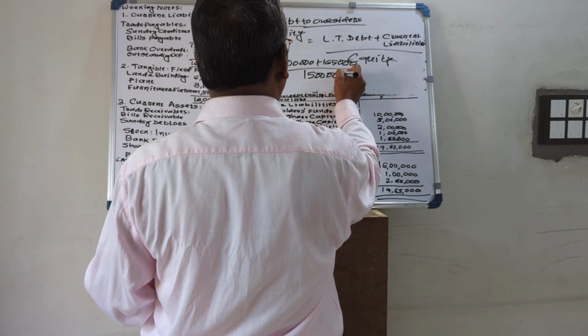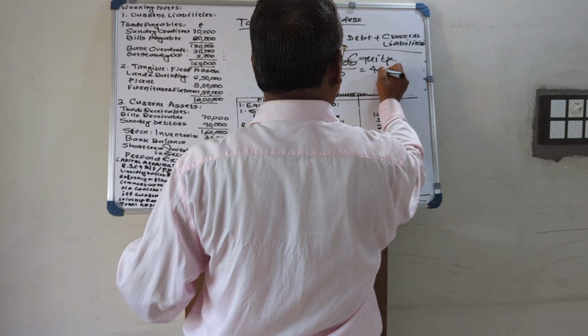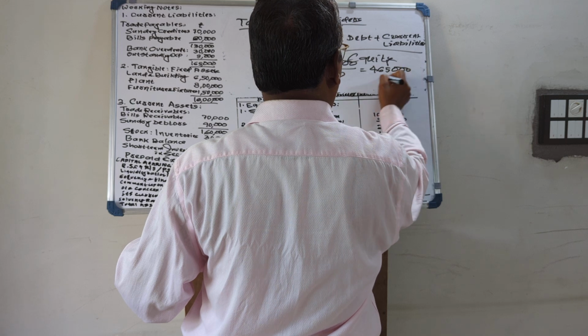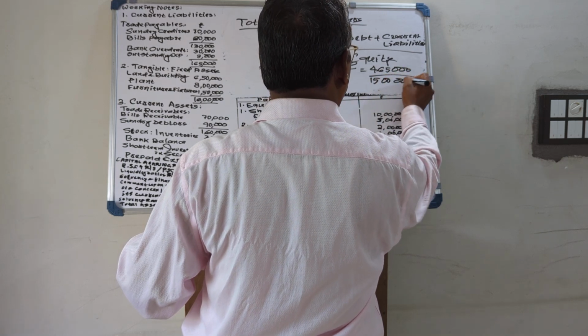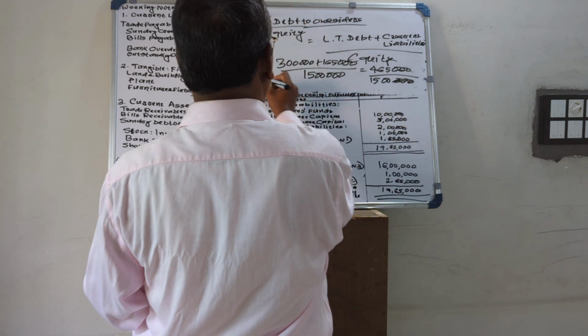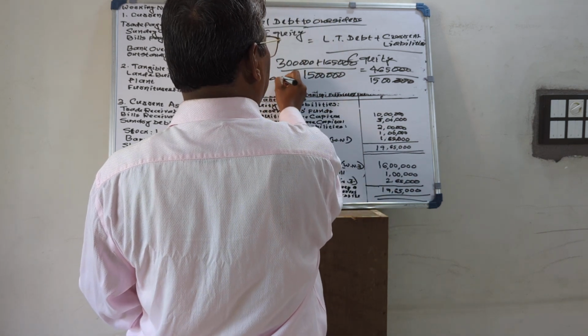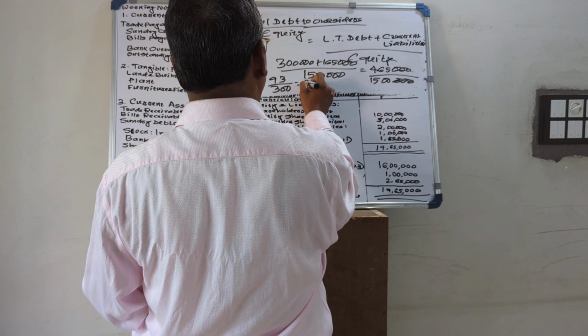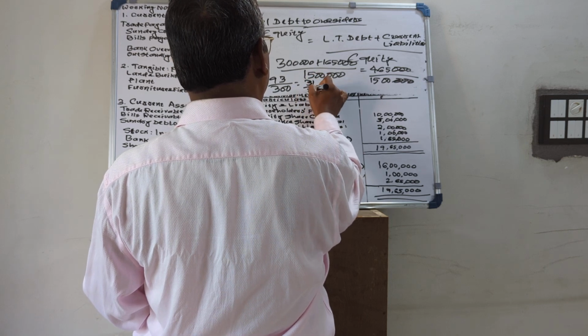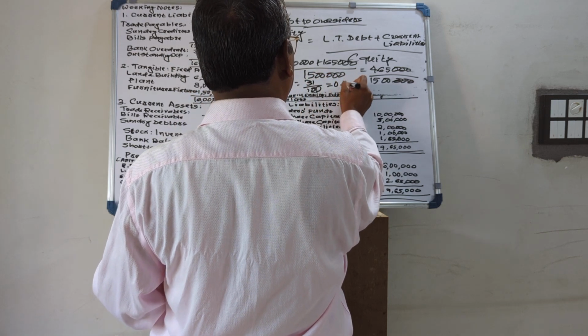So it is 4,65,000 divided by 15 lakhs. So it is 93 by 300. That is 31 by 100. 0.31.